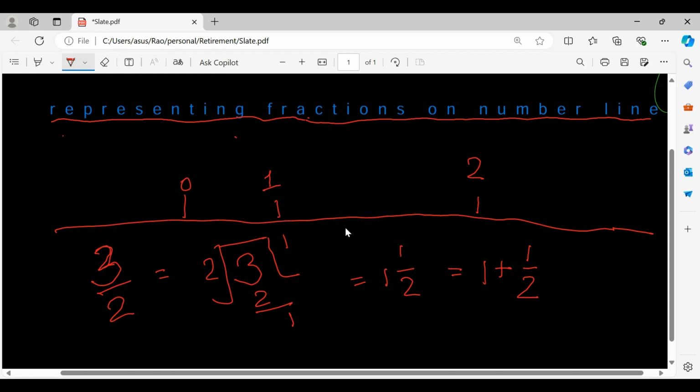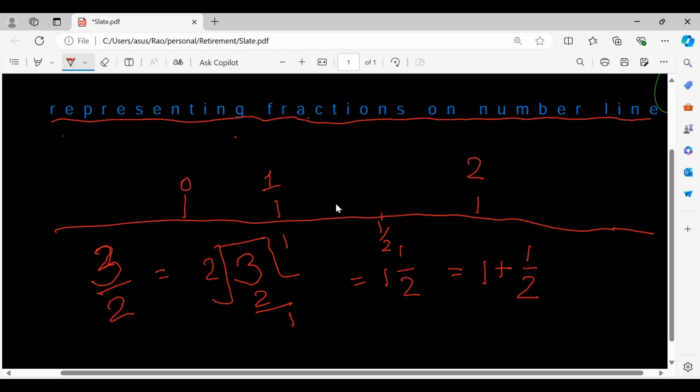We start from the whole part, that is 1, and the second part is 1 by 2, meaning 1 and 2 is divided into two parts, and this is 1 out of 2.